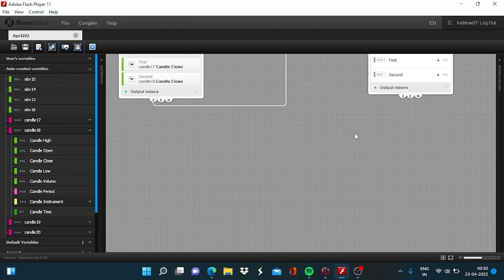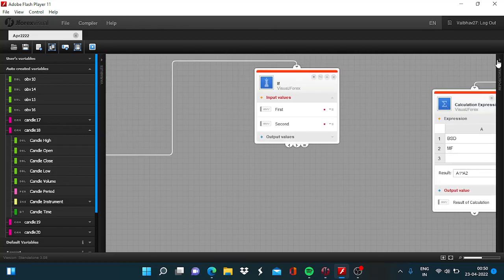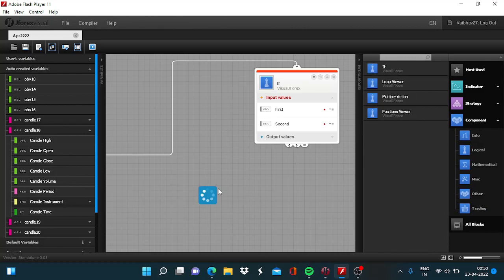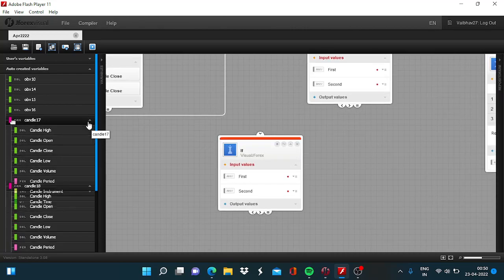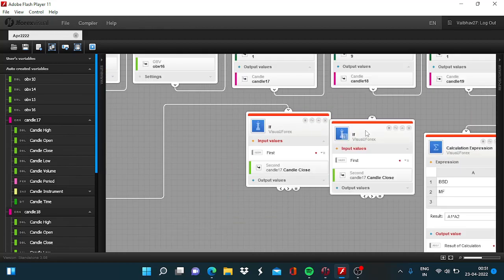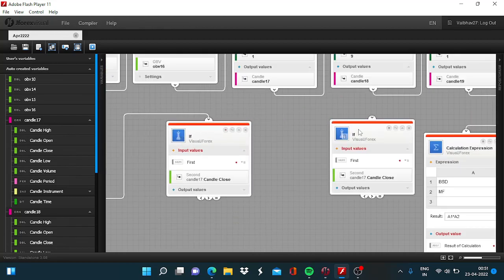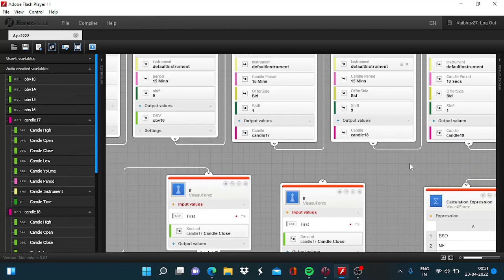So I will take candle 17 candle close as the common input in two of these blocks. And then compare it with the closing values of candle 18 and candle 19.